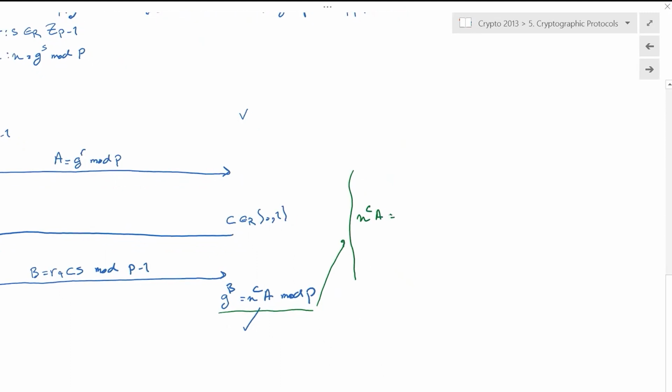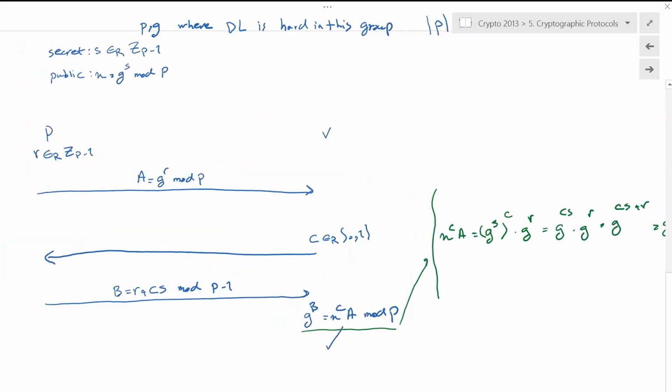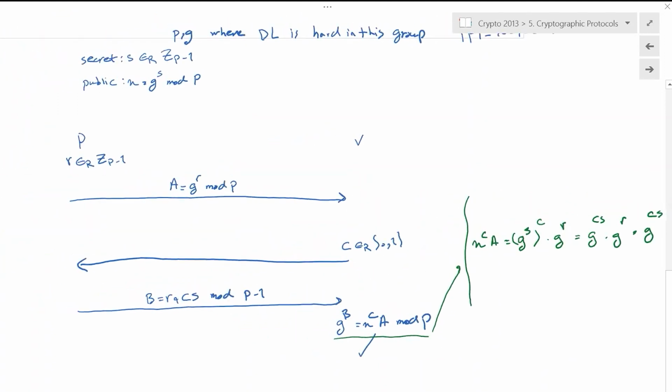We know that X itself is G to the S, and then we raise it to the power C, multiplied by A, which was G to the R. So this is going to be G to the power CS times G to the R, which is G to the power CS plus R, right? And this is going to be G to the power B. So correct, it means that this verification is correct.